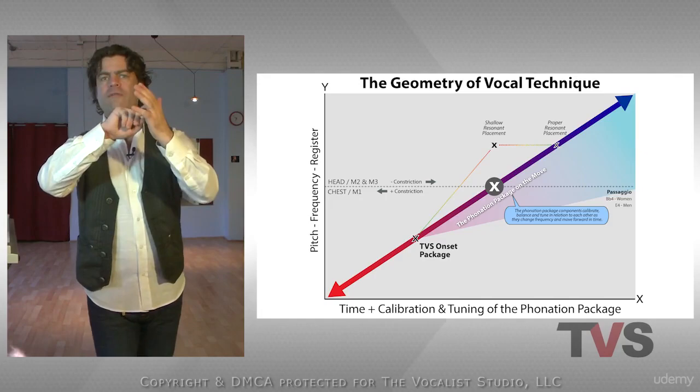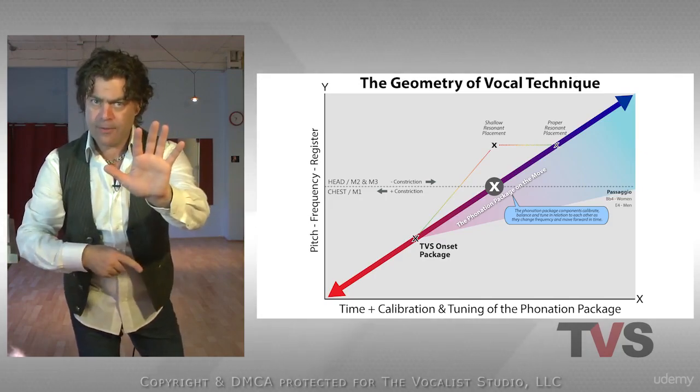So all of these technical components, physical, acoustic, and sometimes psychological, when they're brought together, they're called a phonation package. They are a package of technical components. All of these technical components in the phonation package need to remain balanced and calibrated and tuned as the voice moves up and down through frequency.